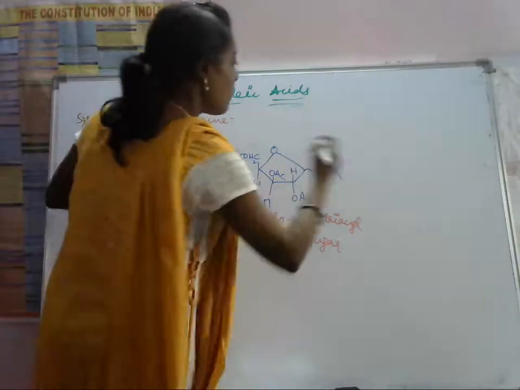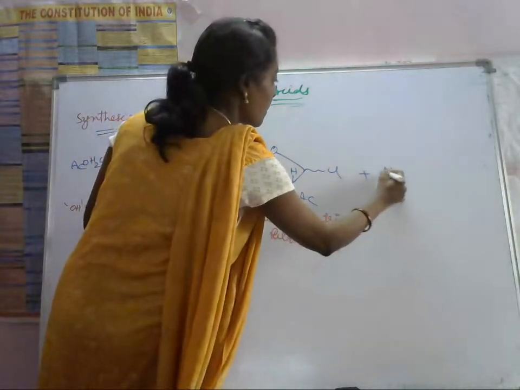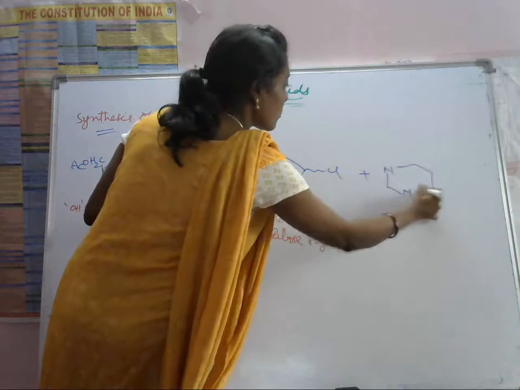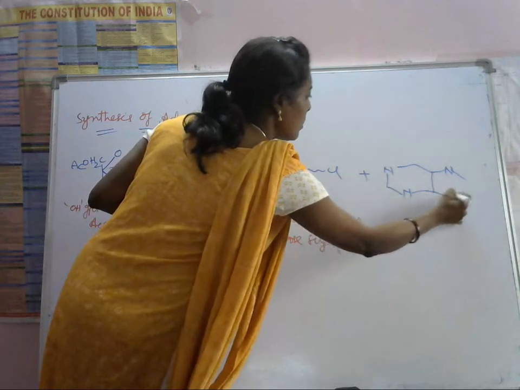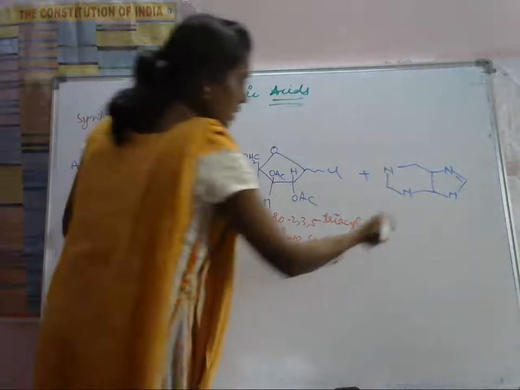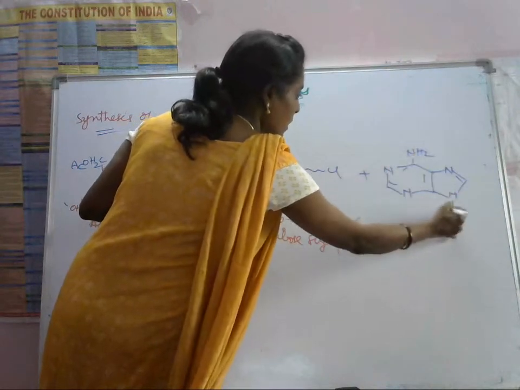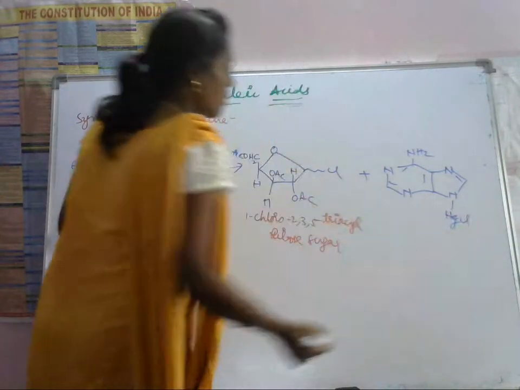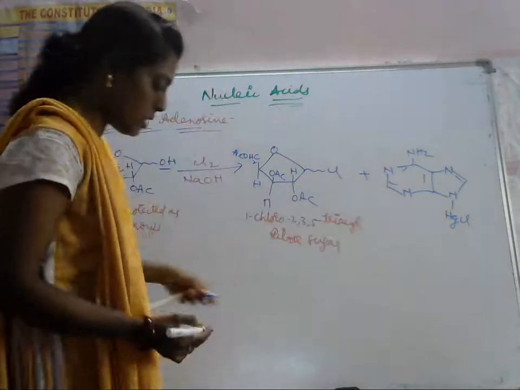If it is combined with this adenosine, here the NH2 group is there, here HgCl is there. This is the ribose sugar which combines with this one.